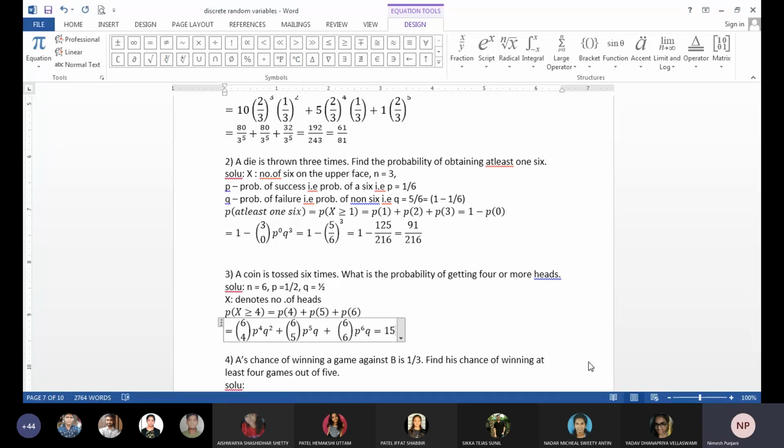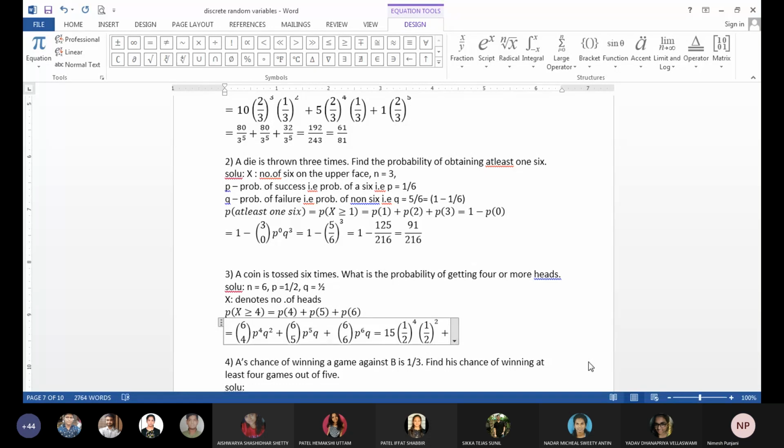P raised to 4. What is P? Half. Q raised to 2. So again half to the power 2. What is 6C5? 6. 1 by 2 raised to 5 multiplied by 1 by 2. 6C6 is 1 and you have p raised to 6. So half raised to 6.